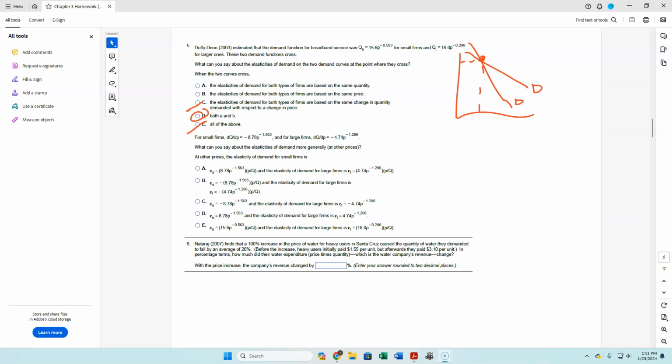Then what they do in the second part of this is they say, okay, let's take the first derivative. So to remind ourselves of the rules of mathematics here, how'd they get this? Because that would be negative 0.563 times 15.6 times p to the negative 0.563 minus 1.